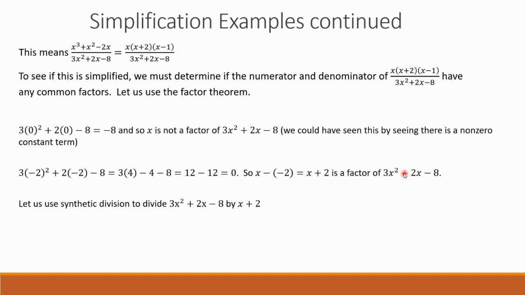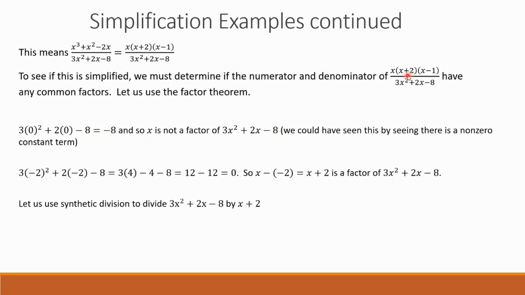So it's easy to see that x is not a factor. If you just plug in 0, you're going to get -8. That tells us x is not a factor of the denominator. You could have seen that also because there's a term with no x's in it. If x was a factor, then you could factor it out of every term, but you can't do that. What about x plus 2?